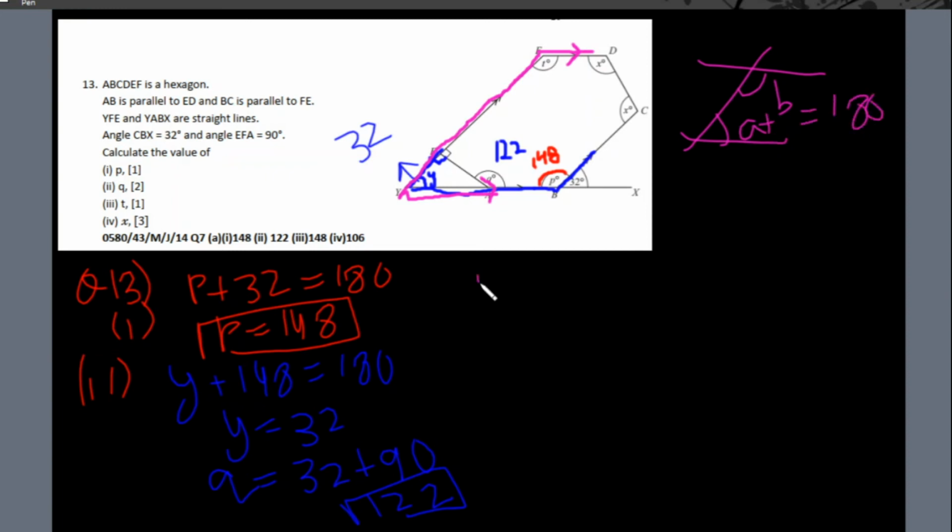So for part 3 we'll write y was 32 plus T equals 180. So T equals 148.